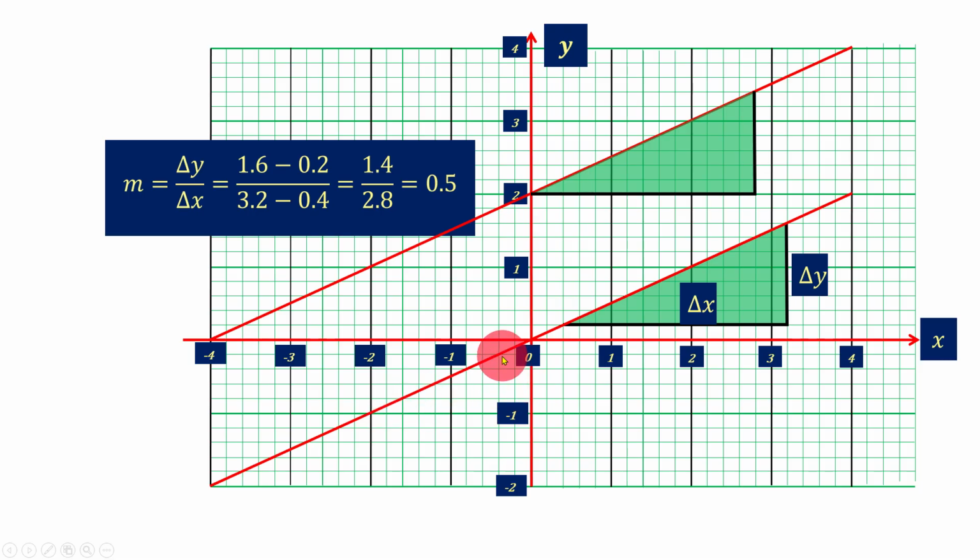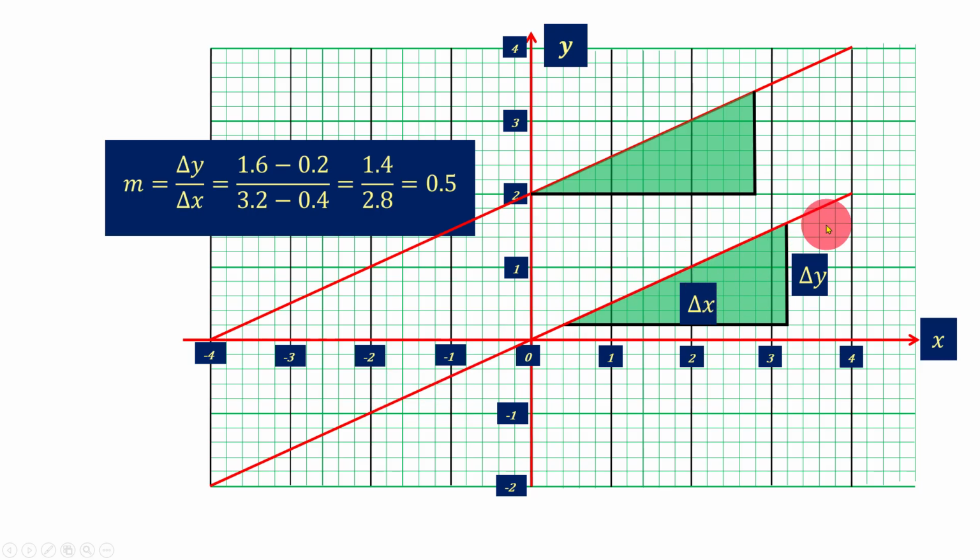If you are to determine the gradient at this point, following the same rule which we have used here, that the gradient is delta y over delta x, and you do y2 minus y1 divided by x2 minus x1, you will find that it does not matter whether this graph is in this quadrant or in this quadrant.